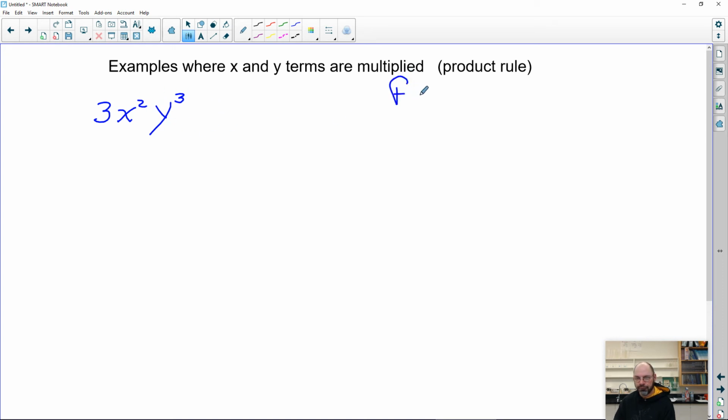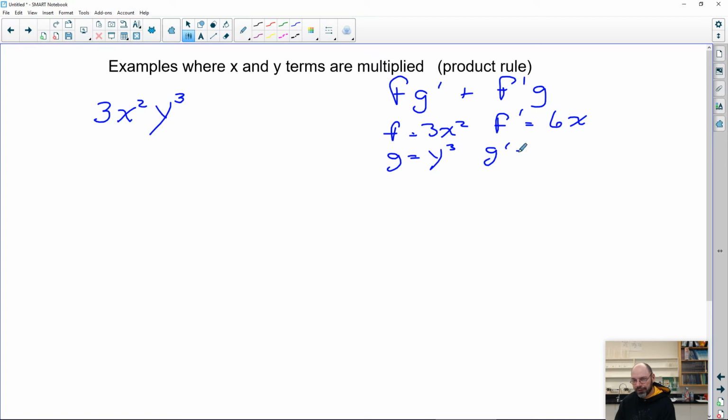So f g prime plus f prime g is what we're going to use. And if we say that f equals 3x squared, then f prime equals 6x. And if g equals y cubed, we're going to get g prime as 3y squared y prime.